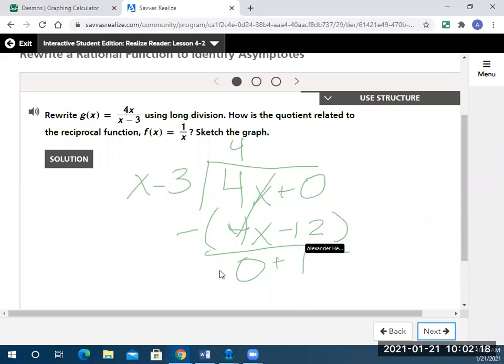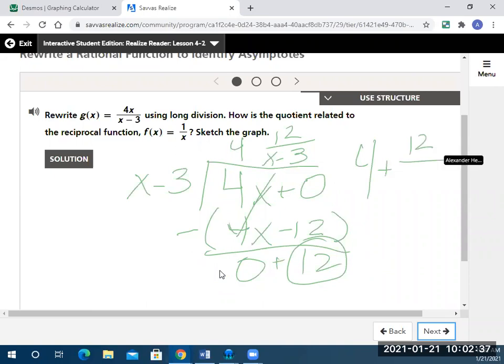So we're left with plus 12. So what are we going to do with this remainder? This is my remainder, 12. Yes, we're going to put it over x minus 3. So our new function is 4 plus 12 over x minus 3. Does everyone understand how I got this function right here?